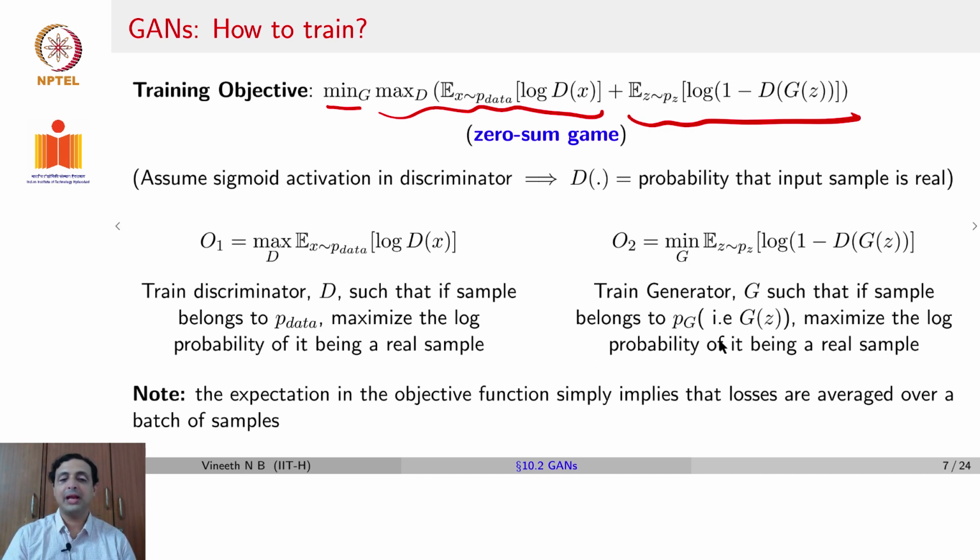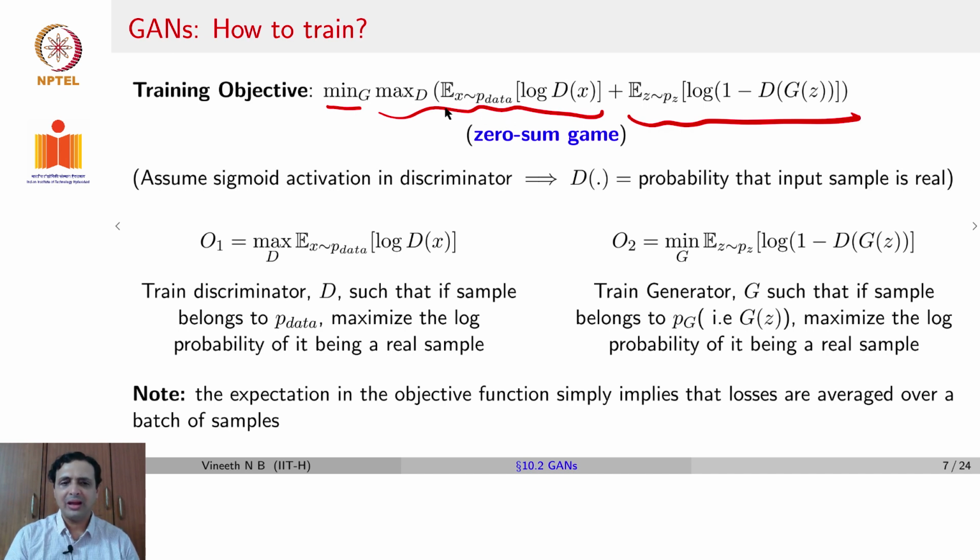We are looking to train the generator G such that if sample belongs to PG, that is its output of the generator G, we'd like to maximize the log probability of it being a real sample. That's what the generator would like to do, although the discriminator would also like to maximize this quantity.